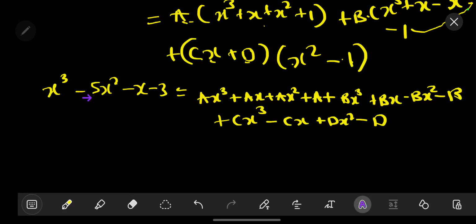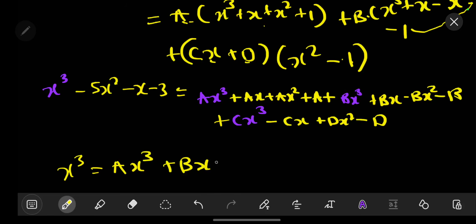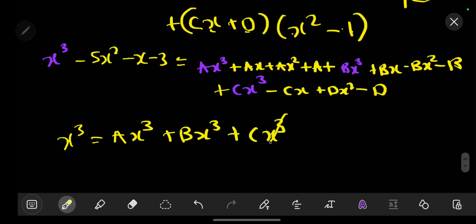So the ones with x to the power 3, let them be equal. So we are going to take all of these. So that means to say x to the power 3 is equal to ax to the power 3 plus our bx to the power 3 plus our cx to the power 3. Therefore, this is going to give you something like this. So 1 should be equal to a plus b plus our c.